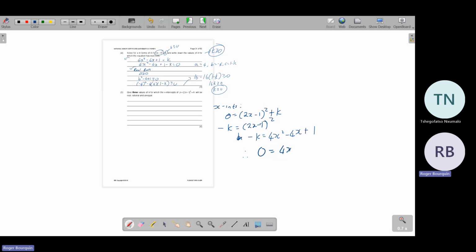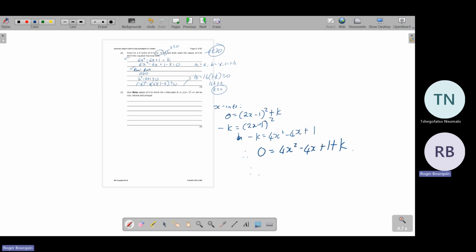Okay, so x intercept, are we happy with y being equal to 0? Okay.